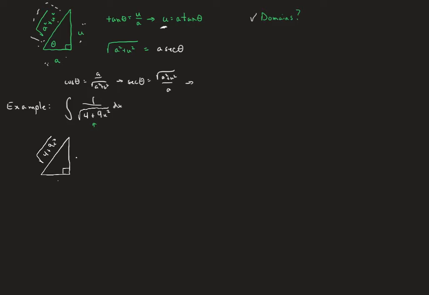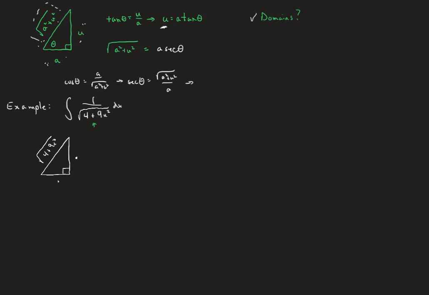One side is going to be 4, which is our a squared. The other side is going to be 2, because 2 squared is 4. And the other side is going to be 3x, because then when we square it, we'll get that 9x squared. And together, using the Pythagorean theorem, they'll add up to be that 4 plus 9x squared.